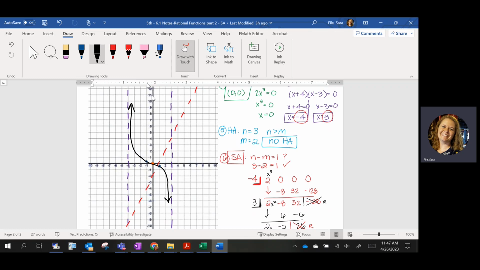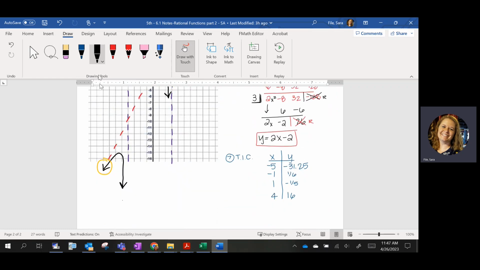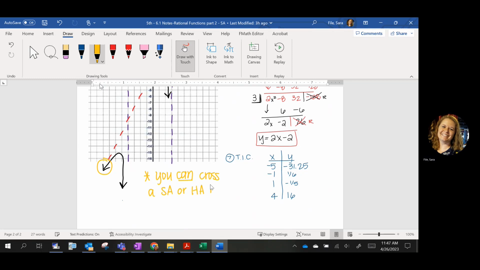Okay, so I'm going to make a note down here. You can cross a slant or horizontal asymptote in the middle area of the graph.